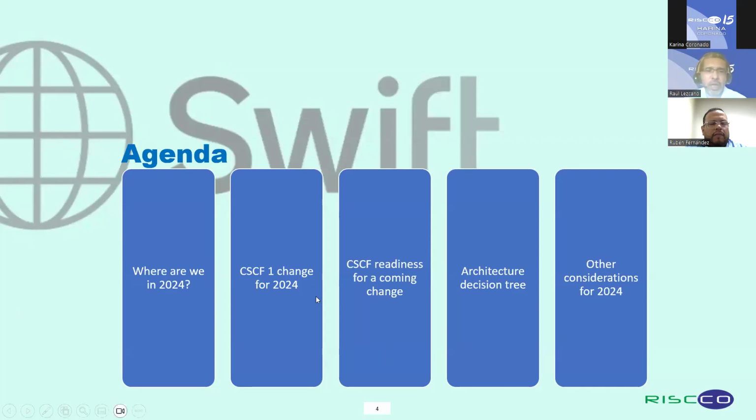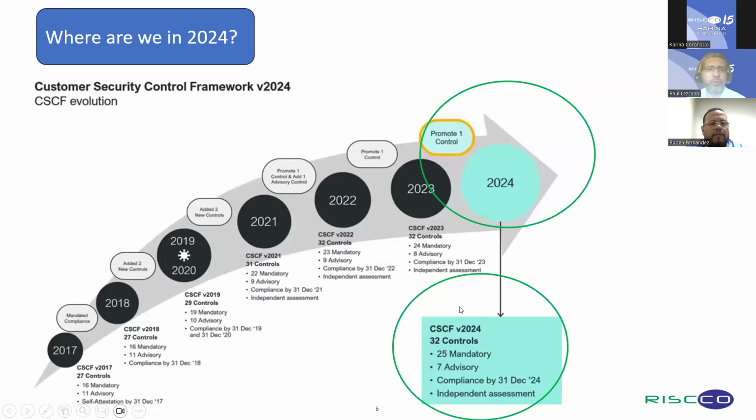The main change, because there are always some minor changes that we are not covering during this presentation, the readiness for the coming change for another control that will be mentioned afterwards, the architecture tree, and other considerations we have included in this presentation.